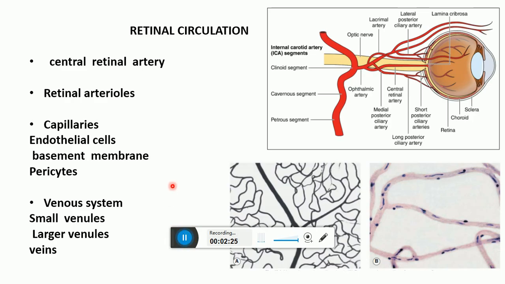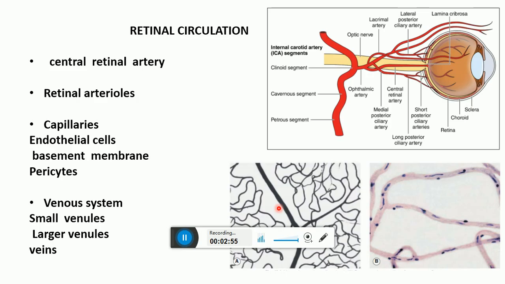So there is an inner capillary network and an outer plexus: the inner plexus in the ganglion cell layer and the outer plexus in the inner nuclear layer. There are capillary free zones present around the arterioles, and also at the fovea, known as the foveal avascular zone.